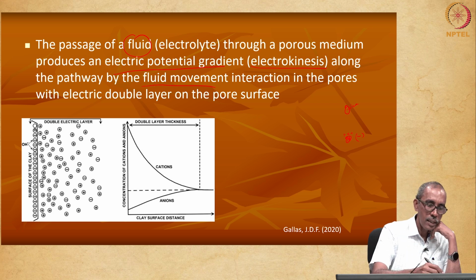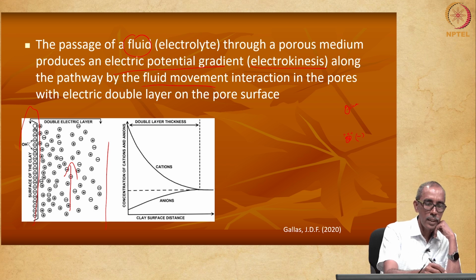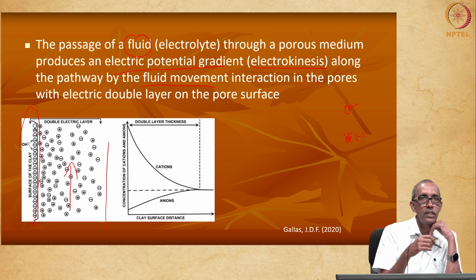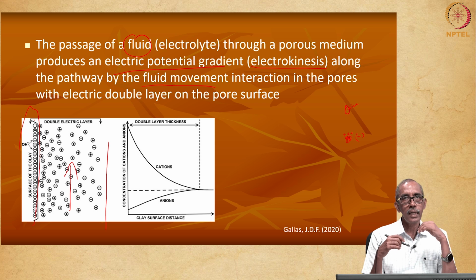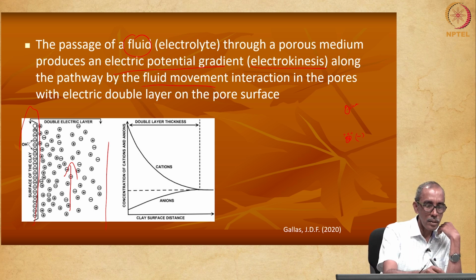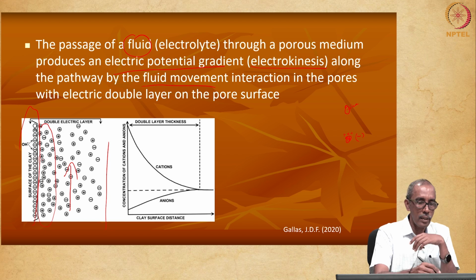What happens here is the surface, right, here is the void through which water is moving, and as I had shown you here, surface is negatively charged. As the surface is negatively charged, all the positive ions in the electrolyte or the water is forming a cloud here.